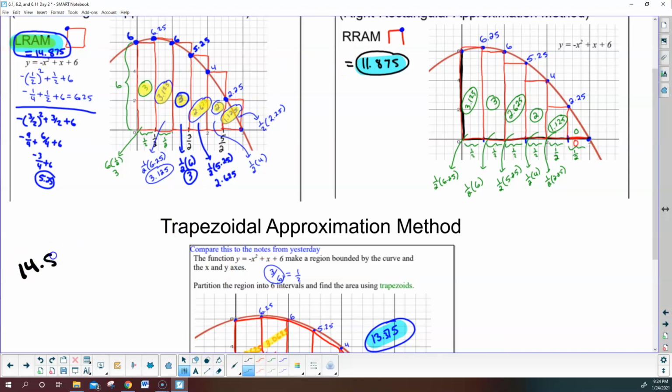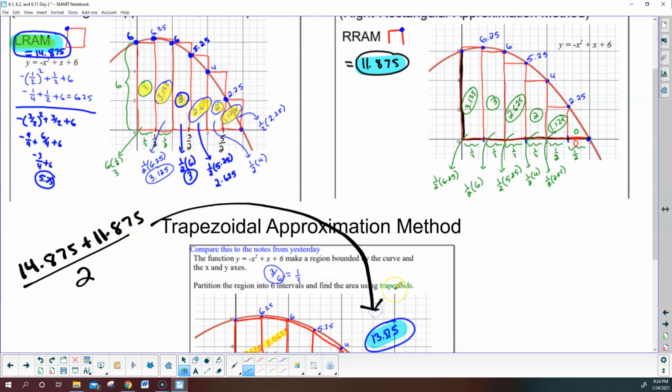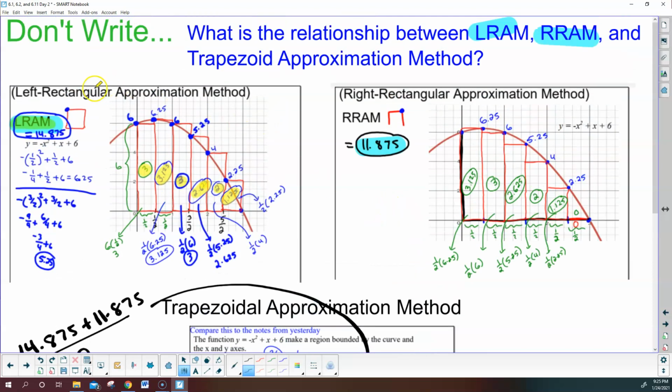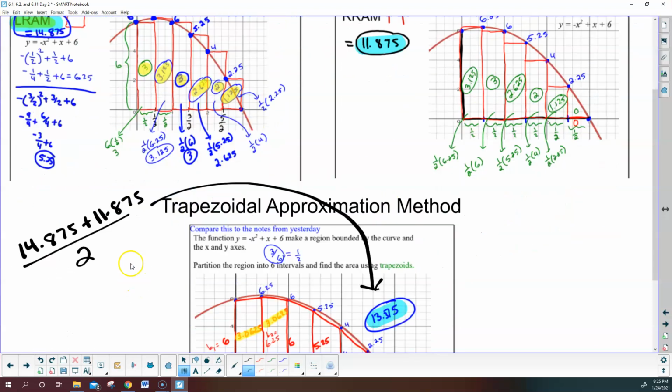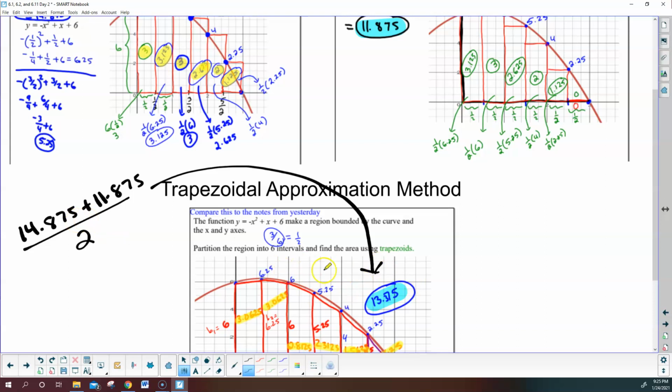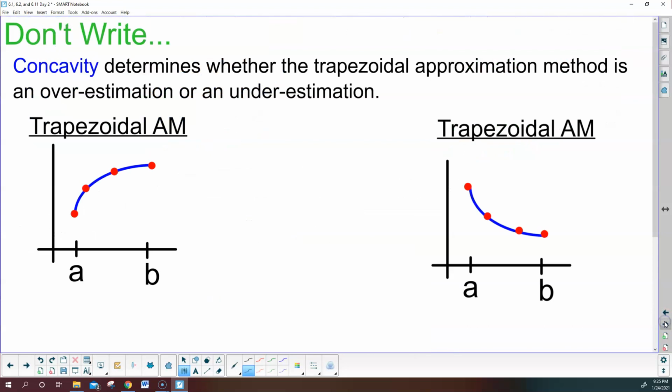And you can check this right now with the calculator. If I add those up and divide by 2, if I find the average, that gives me exactly the trapezoidal method. So here's a little hint. If you do the left and you do the right, take the average, and you don't have to do any of the extra work because you automatically know what the trapezoidal should be.